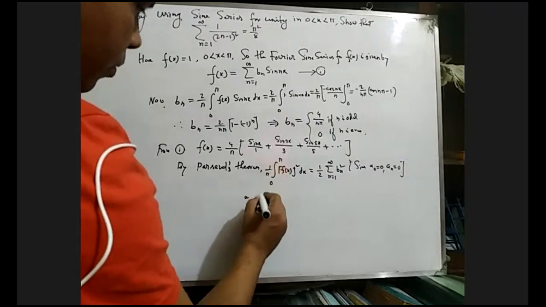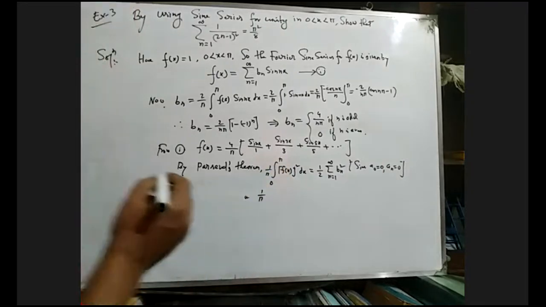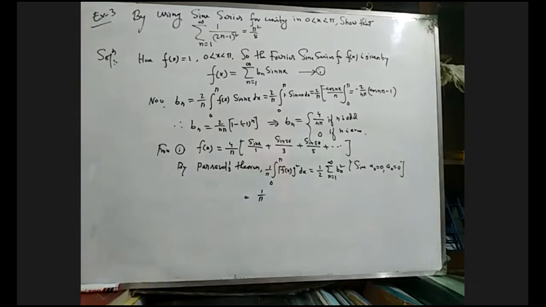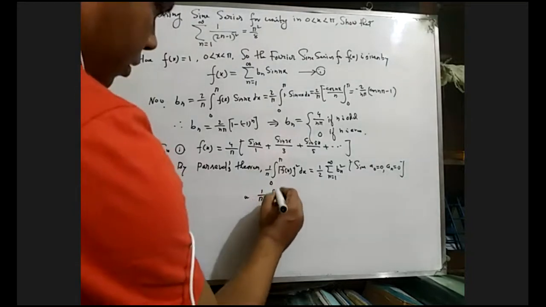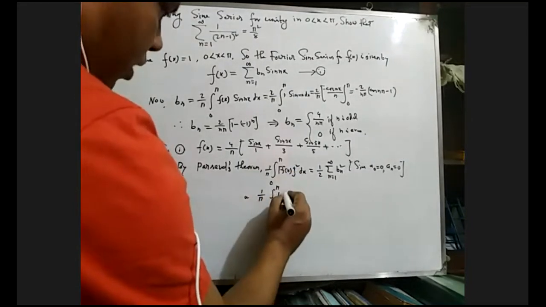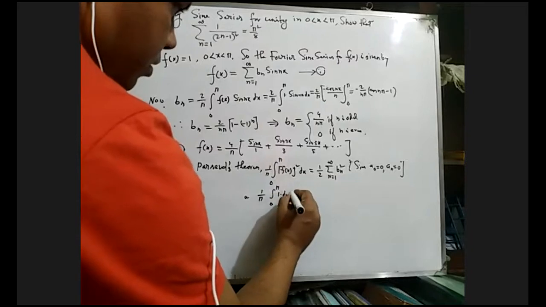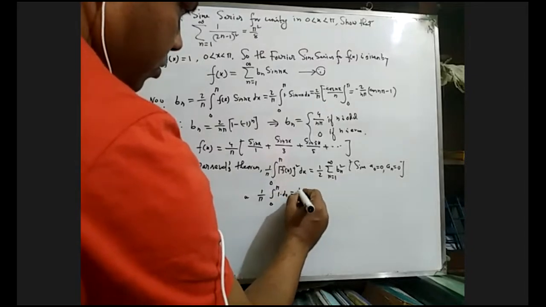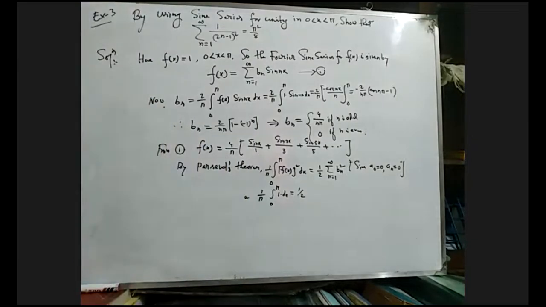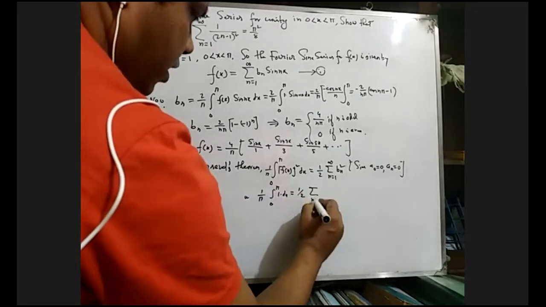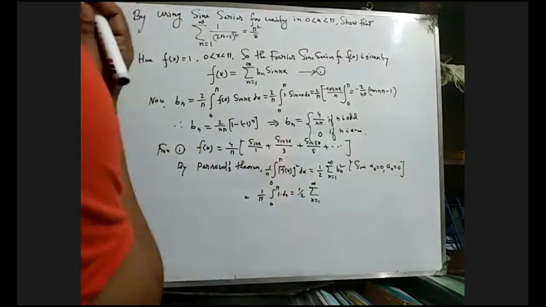1 by pi integral 0 to pi f of x, which means only 1, dx. This equals to half summation n equals to 1 to infinity bn square.